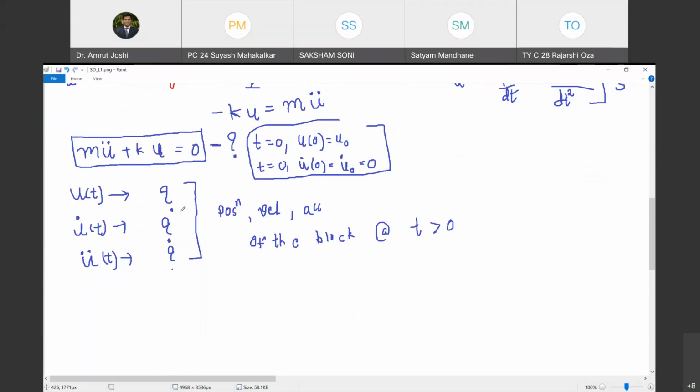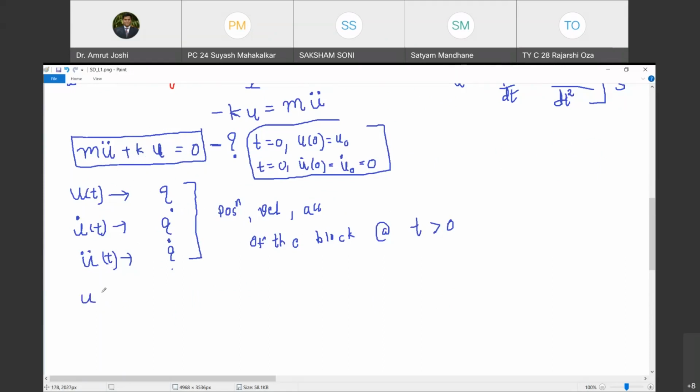Okay, so how do we solve these equations? That also I do not expect you to solve. I am going to solve it. So how do we solve this equation? Typically, if you look at this equation, the right hand side is 0. In such cases, k and m are not functions of time, they are constants.